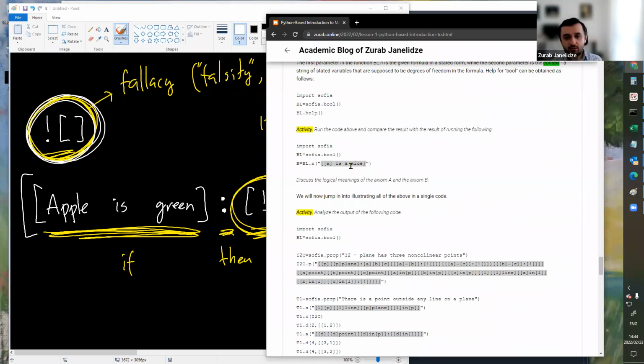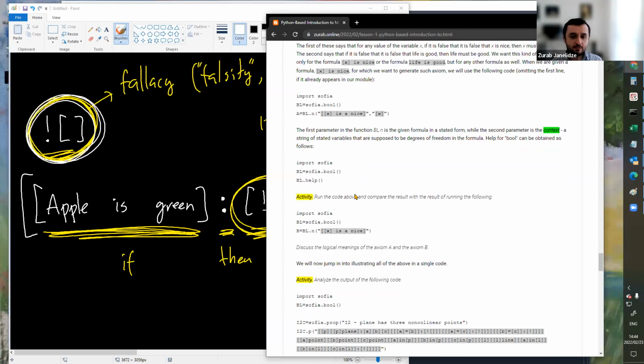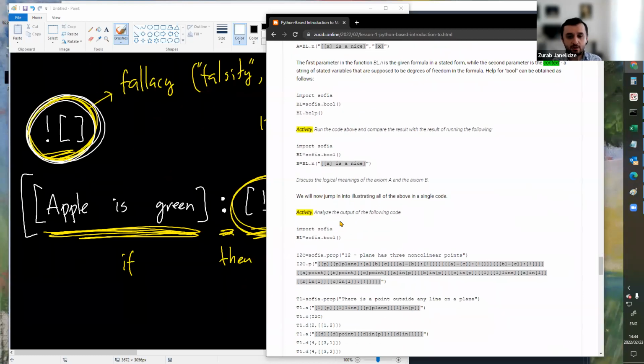So let's look at the axioms involving falsity. And here is one.